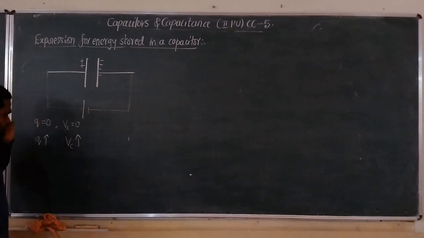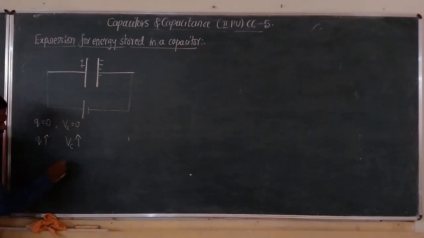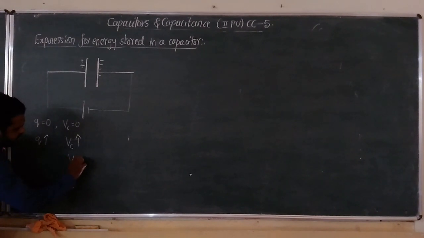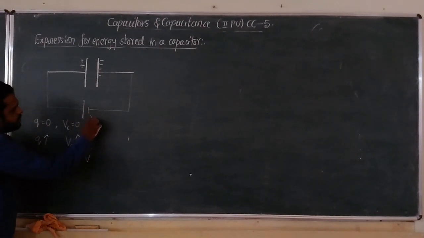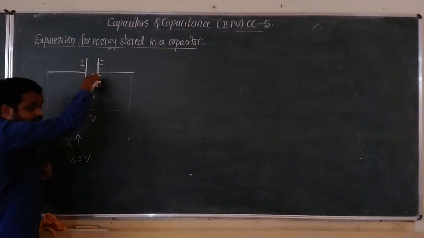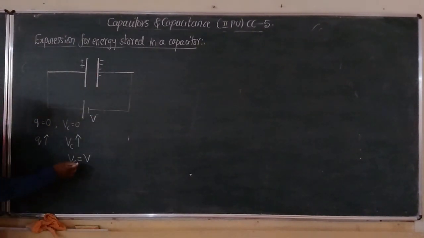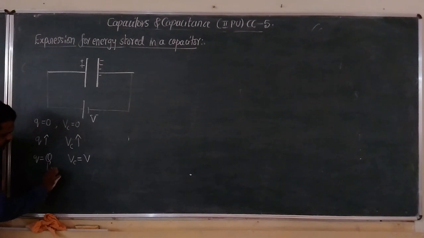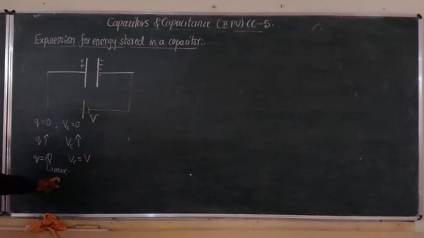And a stage reaches when the potential difference across the capacitor becomes equal to the applied potential difference. V is the applied potential difference and Vc is the potential difference across the capacitor. When this condition is reached, the charging process of the capacitor, the transfer of charge from one plate to another, stops, and at this instant the amount of charge stored in the capacitor reaches its maximum possible value.